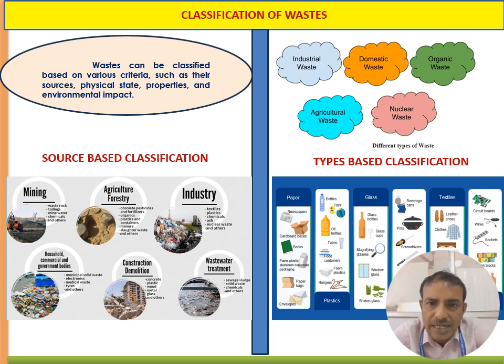In addition, it can also be classified as agricultural waste, as I mentioned, nuclear waste, and domestic waste. Nuclear waste: as far as Tamil Nadu is concerned, there are many nuclear power plants discharging nuclear waste, which tells us the type of waste that matters for environmental impact.